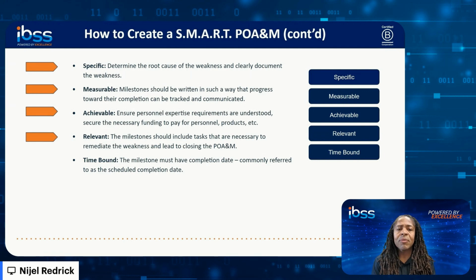So you want to make sure that each of those milestones are relevant to addressing the weakness and will ultimately lead to closing the POAM. And lastly, the POAM must be time bound. As we recall from the OMB requirement, we must have a scheduled completion date. So we want to make sure that each of our milestones have a specific date in mind.